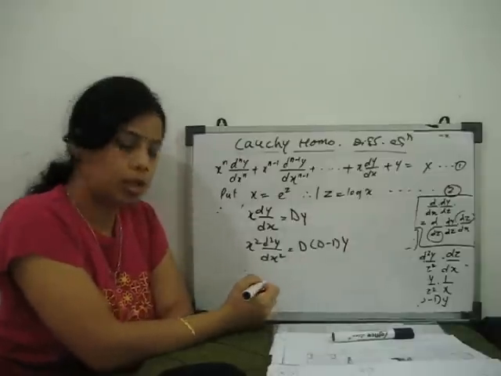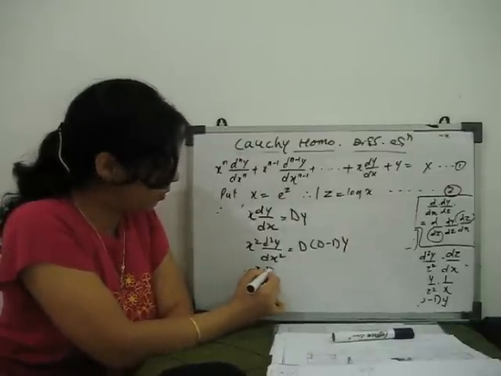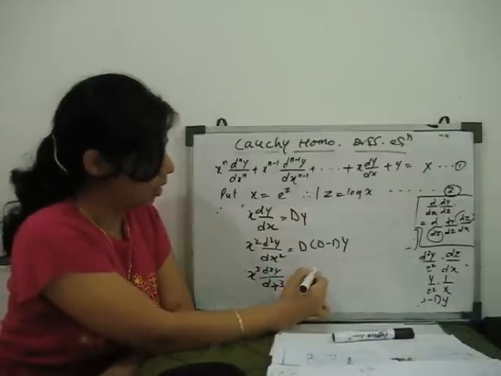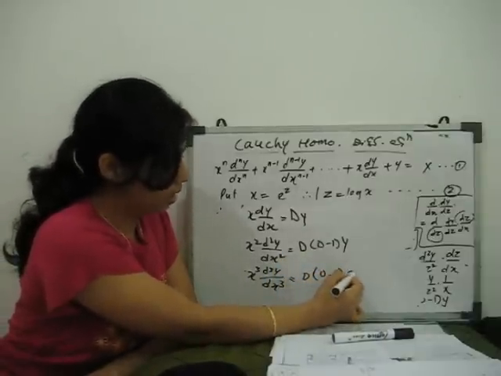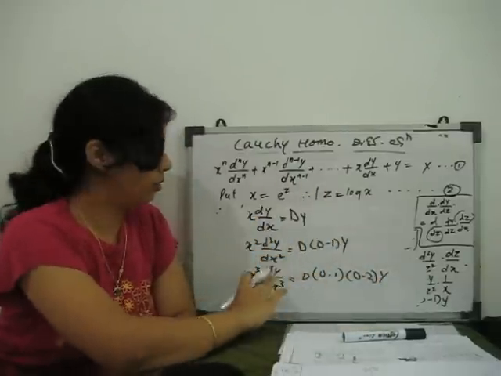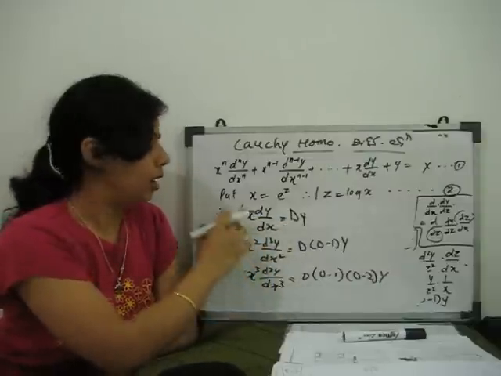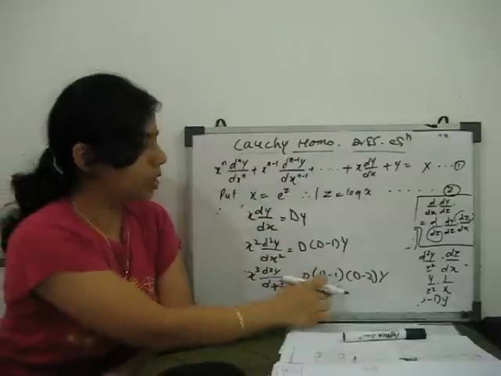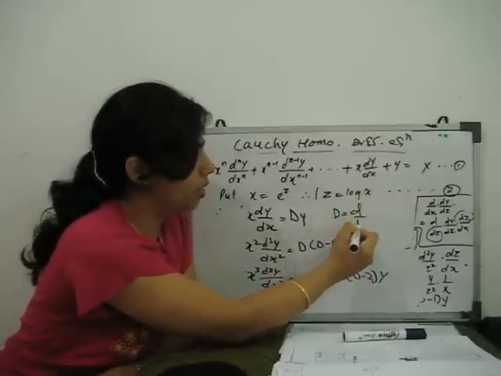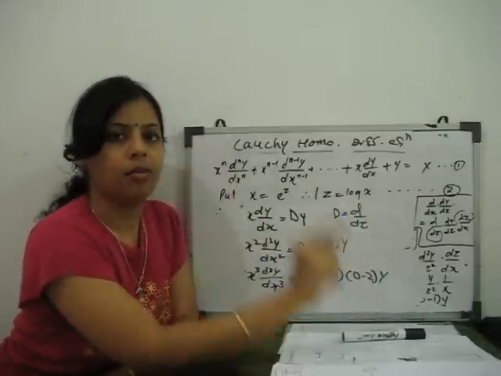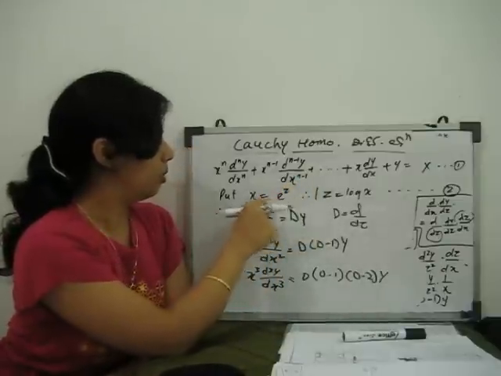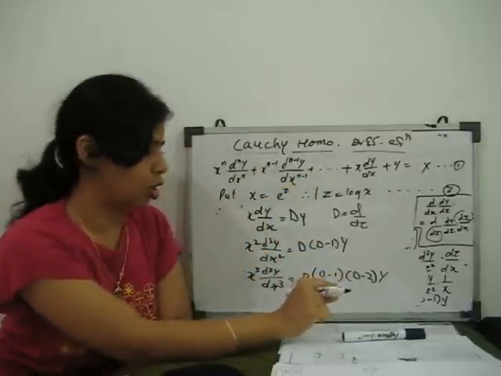Next, x cube d3y by dx cube is replaced with D into D minus 1 into D minus 2 of y, and so on, up to the nth derivative. We have to replace these terms, remembering that capital D is d by dz, and at the end, when our question is finished, we again replace z with log x and e to the power z with x for the final solution.